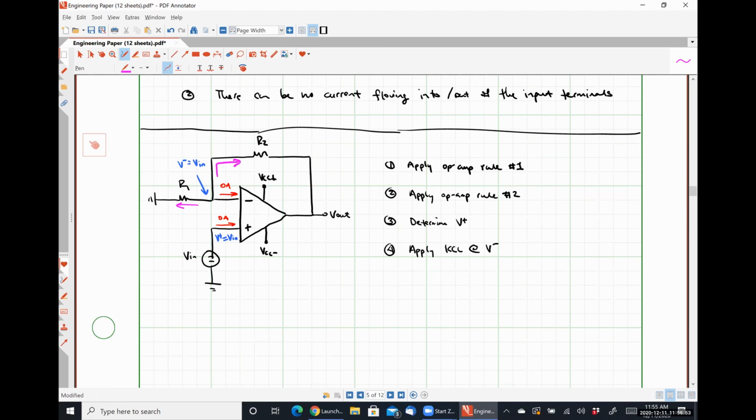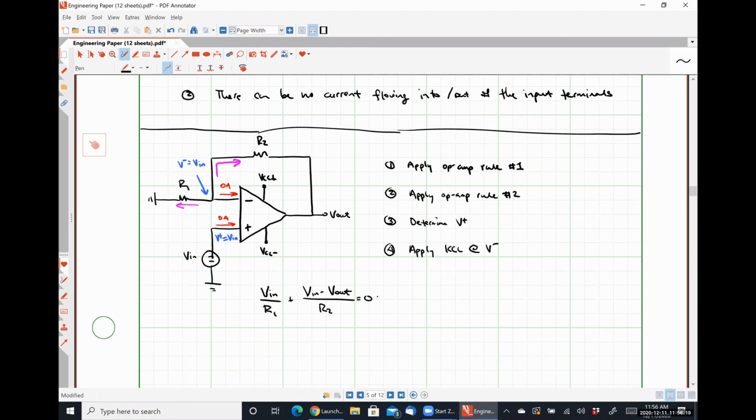So this tells us that Vn divided by our resistor R1 plus Vn minus V out divided by resistor R2 is equal to 0.